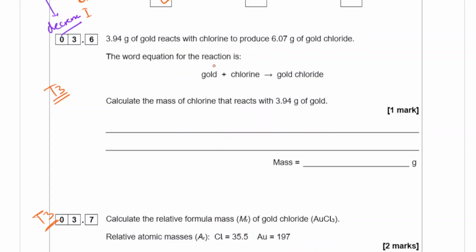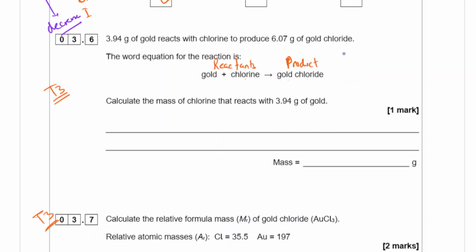The word equation is gold plus chlorine gives you gold chloride. Calculate the mass of chlorine that reacts with 3.94 grams of gold. Now, these are the reactants, and this is the product.